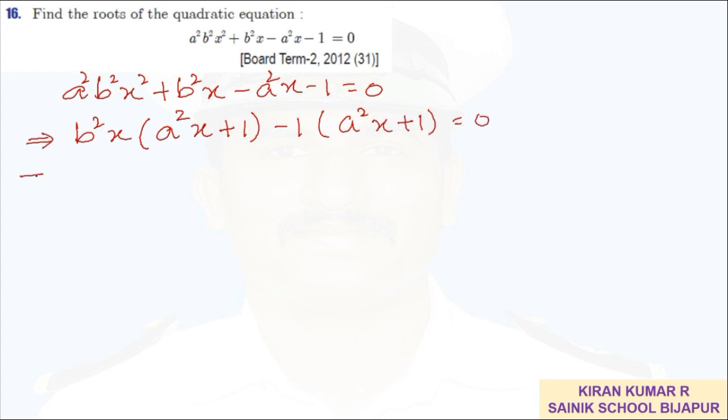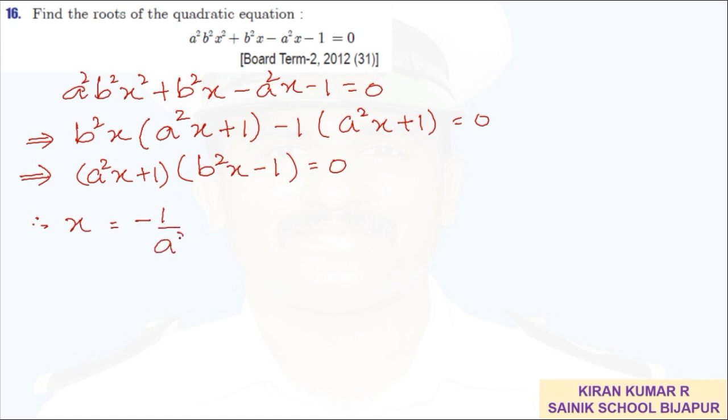Look, there is again a common a square x plus 1. If you take that out, the left out will be b square x minus 1 equal to 0. Therefore, the value of x is negative 1 by a square or positive 1 by b square.